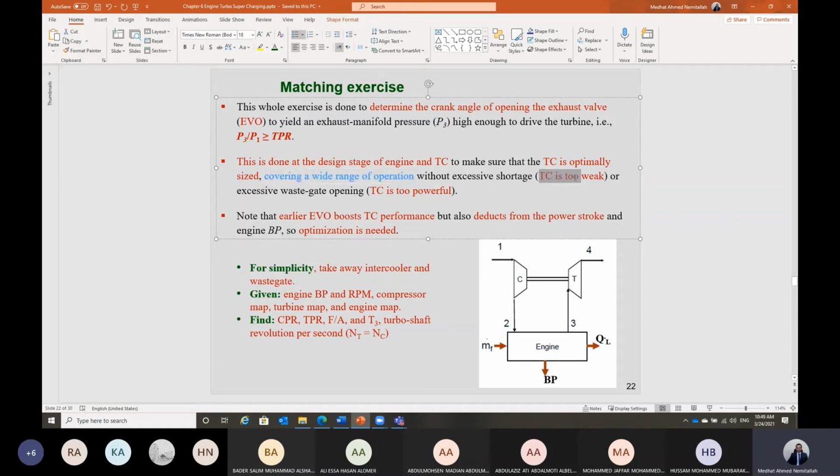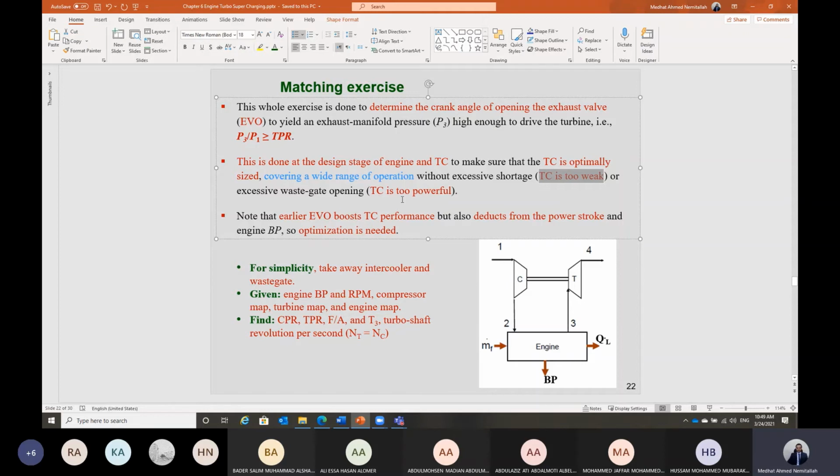Without this, the turbocharger may be very weak, releasing a very low pressure ratio across the turbine, and it will deliver a very low air flow rate to the engine, even less than the case of a naturally aspirated engine. So this may happen in the case of a turbocharger, and we need to avoid this. Also, it may result in a very powerful turbocharger.